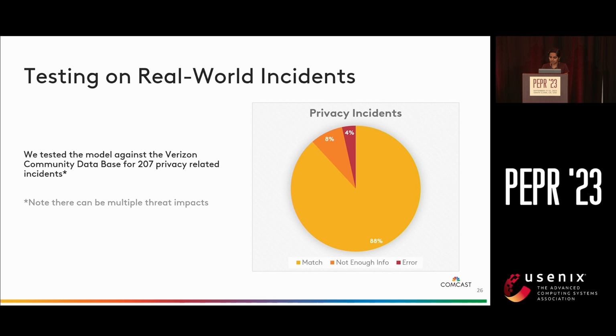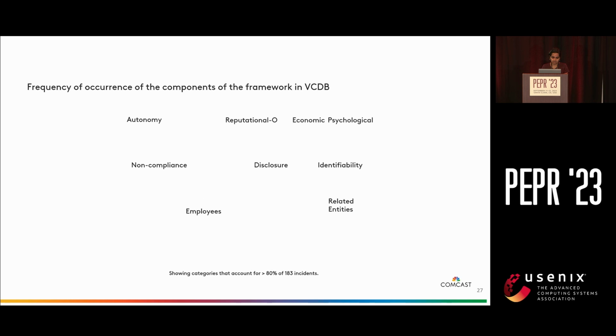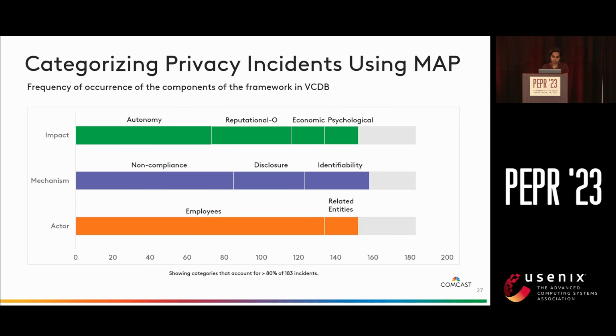So what we did is classify these incidents and then see if the categories in MAP could be used to categorize these incidents. If you look at the graph, the highlighted part is only 80% of the 183 incidents that we classified, and we show a breakdown of actor, mechanism, and impact.